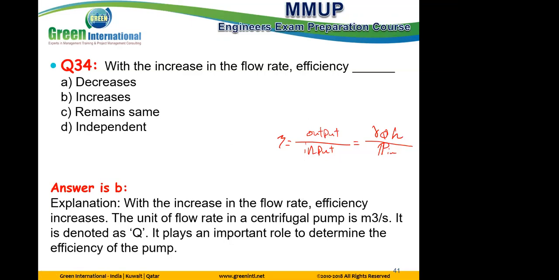So increasing flow rate, what happens? Efficiency increases? Decreases. Why? This is in the numerator; when flow rate goes up, what happens to efficiency? I know you see the answer, but I need discussion.